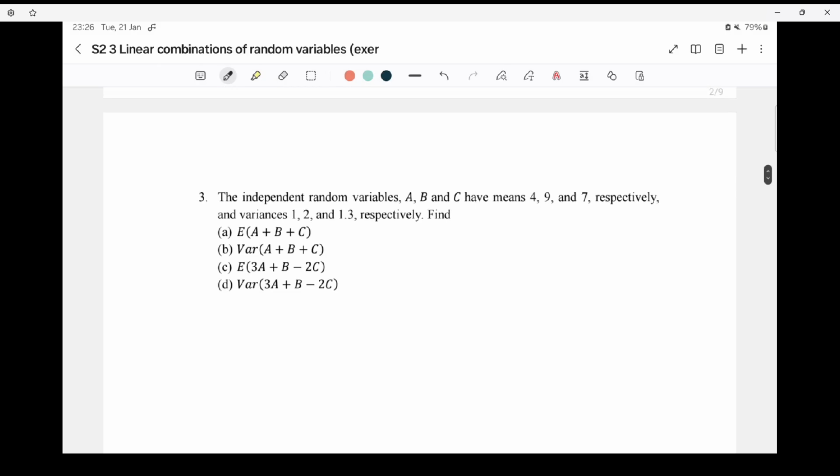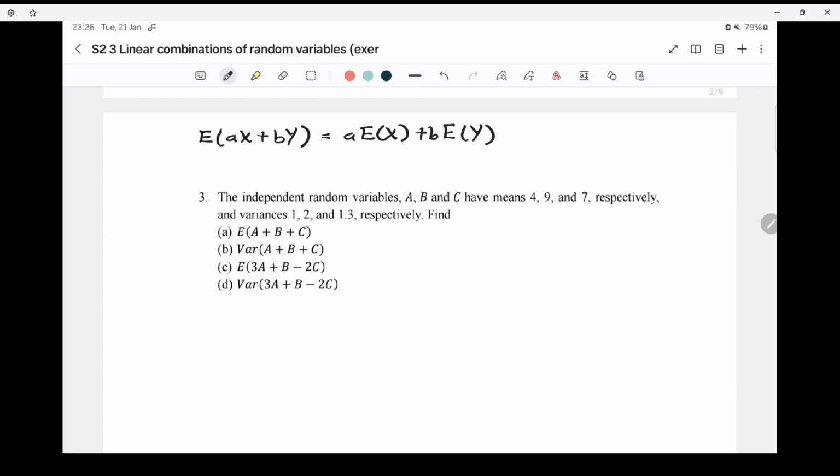The third question, independent variables A, B, and C have mean 4, 9, 7 and variance 1, 2, 1.3 respectively. Find all the following. So the equation that we studied, so let's say x plus y, let's do ax plus by. So for example, if you find the expected value of ax plus by, we know that we can separate this.